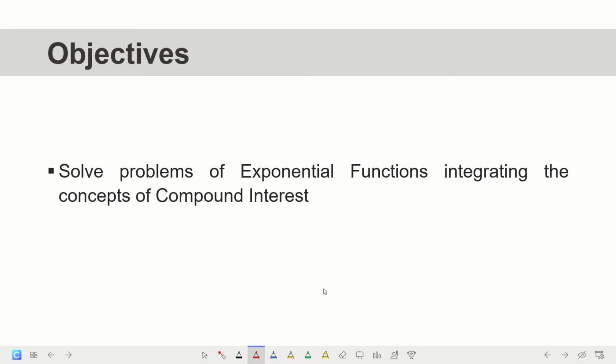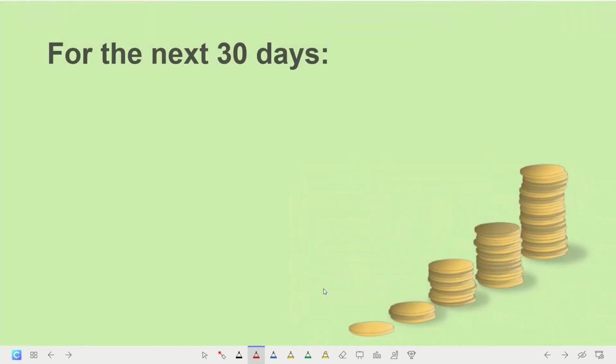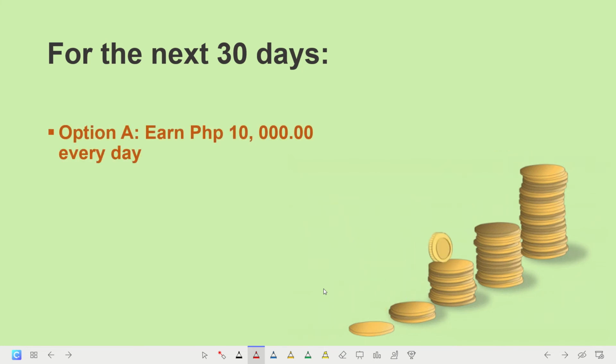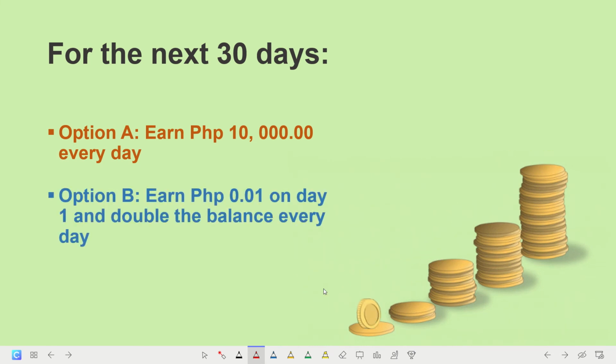Last time, I introduced you to a short activity where I let you choose between option A, earning 10,000 pesos every day, and option B, earning 1 centavo on day 1 and doubling the value every day.